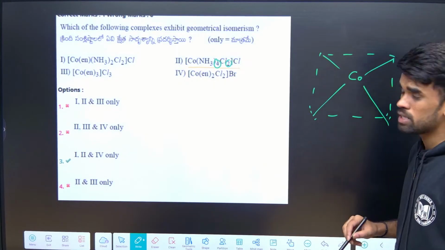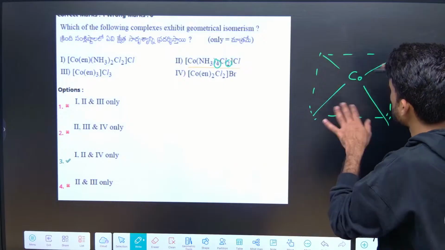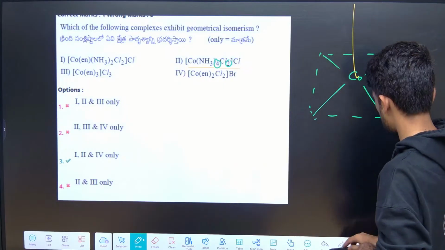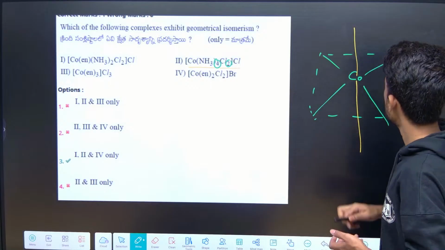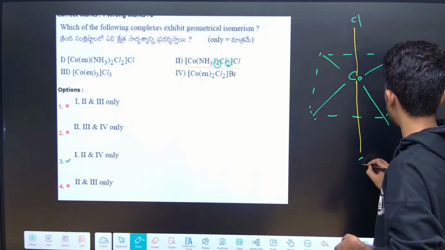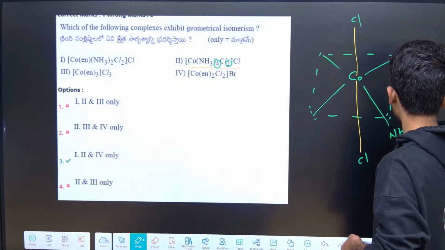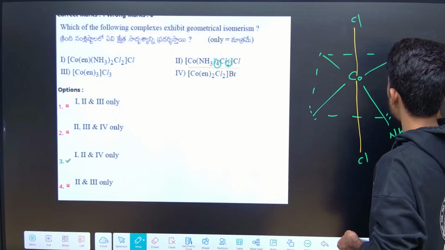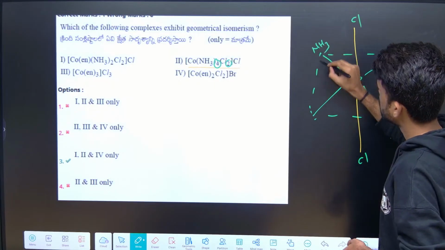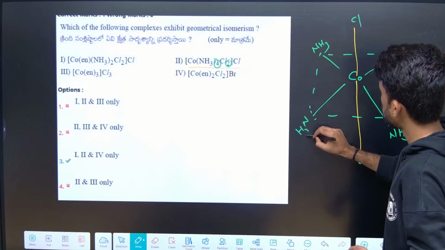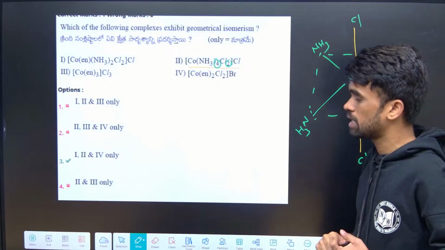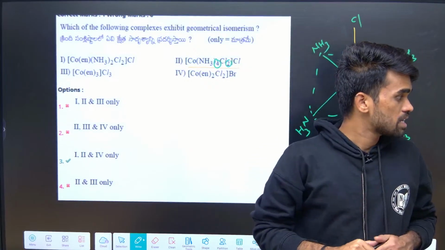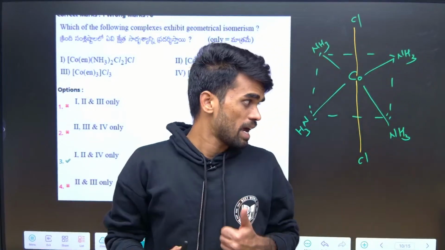So this is the square planar plane you are seeing now, with one position above this one and one below. By placing chlorine here and the ammonia ligands around this plane, what do you get? The two chloride ions are trans, opposite to each other. So we can say this is the trans isomer.